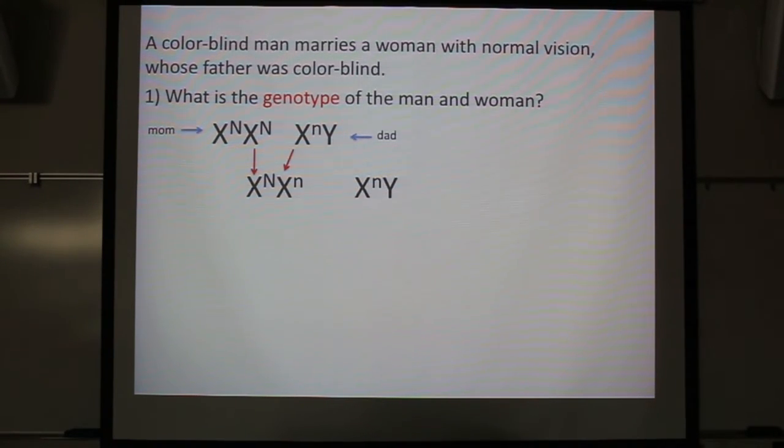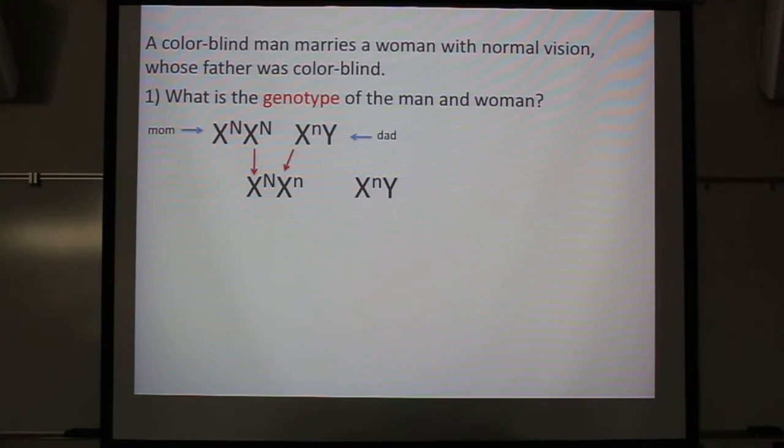Because she's a female, she's going to get two X chromosomes. She's going to get one from mom and one from dad. The one she gets from dad, because her dad is colorblind and because he's a male, has an X and a Y, the only X that the dad can donate is this X, which has the colorblind gene on it, since it's recessive. So she gets that.